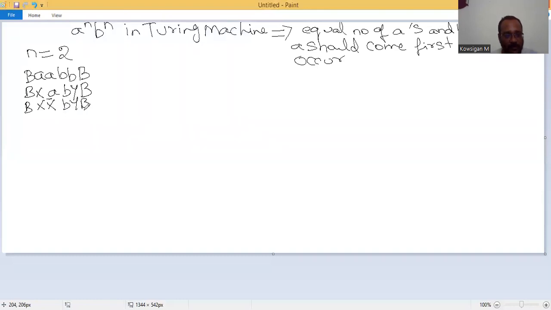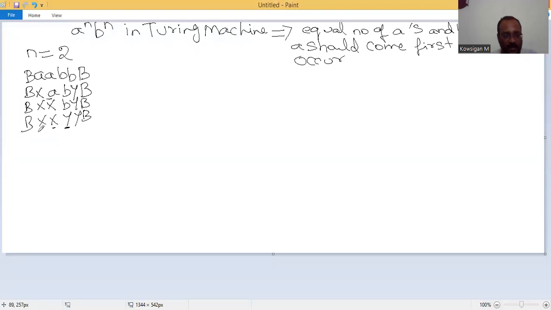The second B will be crossed with Y because we have crossed the second A with X, and we move to the left hand side until reaching the first X. If you reach the X, you can conclude that no other inputs are there on the left side after this X. Now after reaching this X, again move to the right hand side, and you will have only Y. There is no input called A or B, so the A's and B's are crossed successfully.